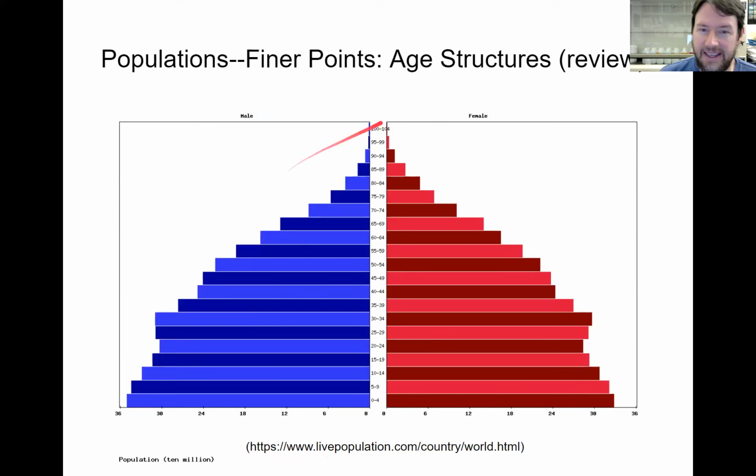As we can see, it's maybe not stable, right? The sides of the pre-reproductive age classes and the reproductive age classes aren't exactly even, or close to even. But it's not that really steep pyramid that we see from some of the most rapidly growing countries. So it's somewhere in between, but it is a growing population worldwide.